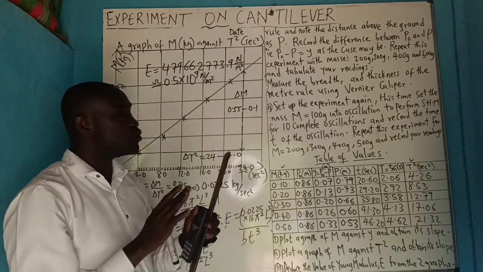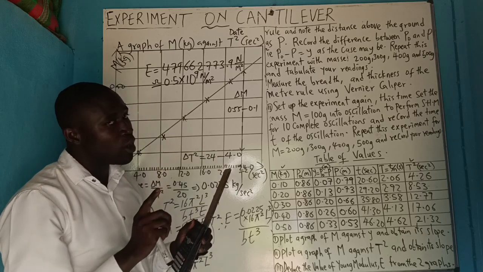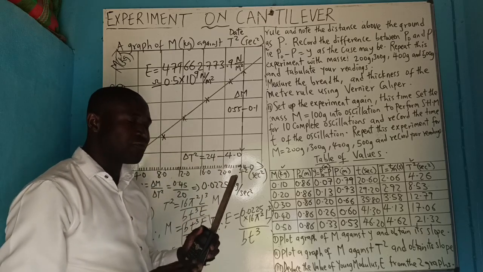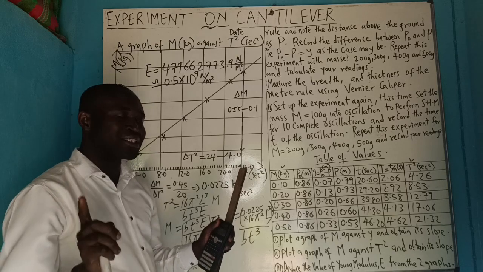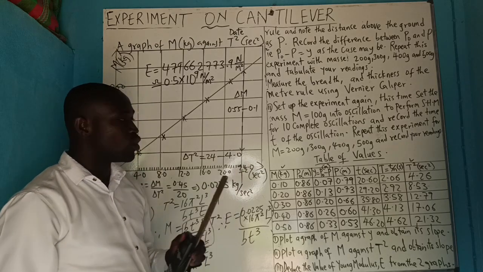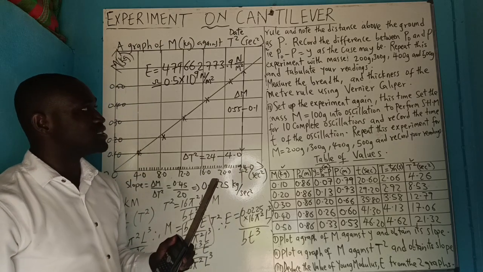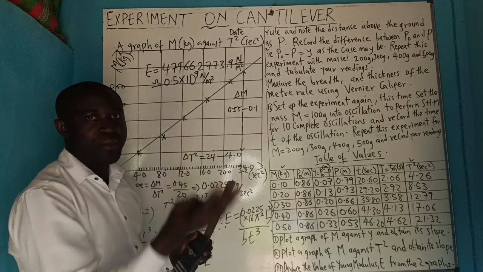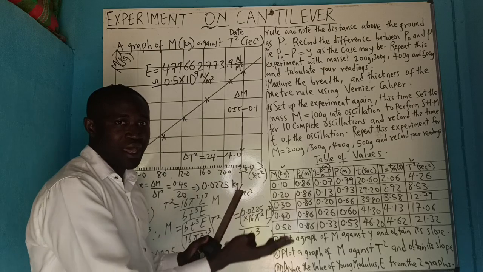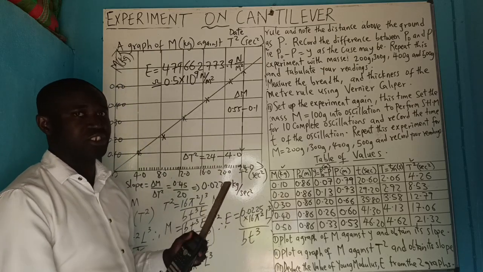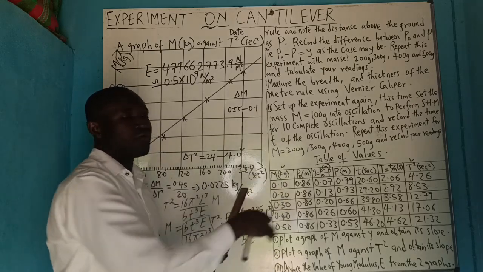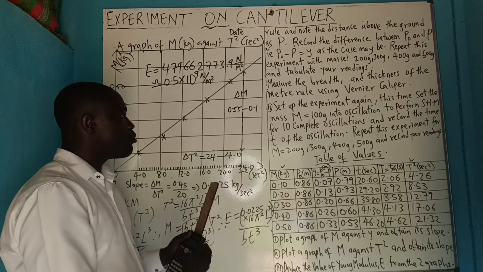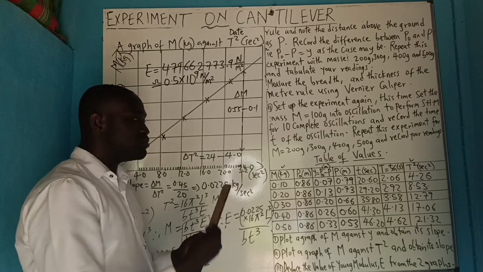The Young modulus you will be getting from the two, if not exactly the same, will be similar or nearly equal. So there are many ways you can get Young modulus: using the bending moment principle, cantilever, that is using the principle of depression, and using the principle of oscillation. You can get Young modulus of that meter rule.